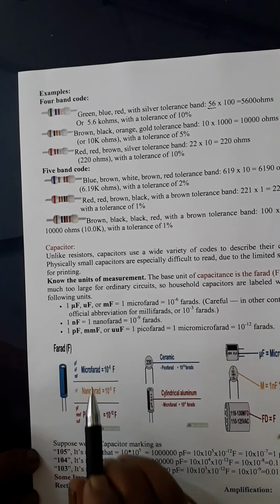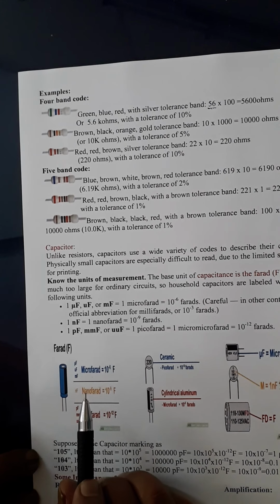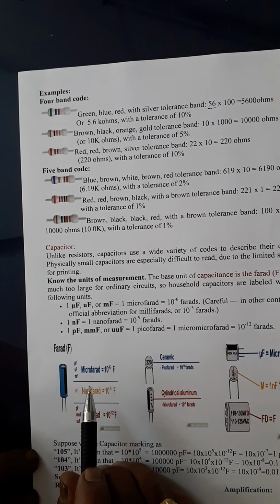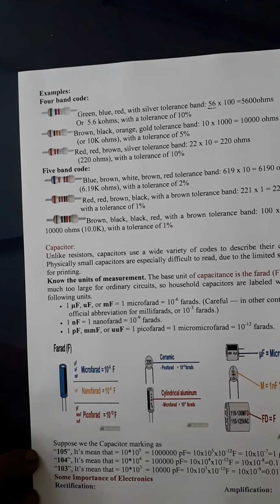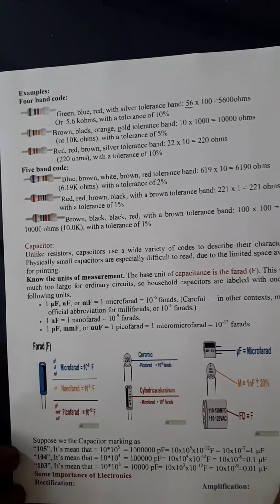So remember this: 1 milli, 10 to the power of minus 3. 1 micro, 10 to the power of minus 6. 1 nano, 10 to the power of minus 9. 1 pico, 10 to the power of minus 12 farads. So this is how to read the values.